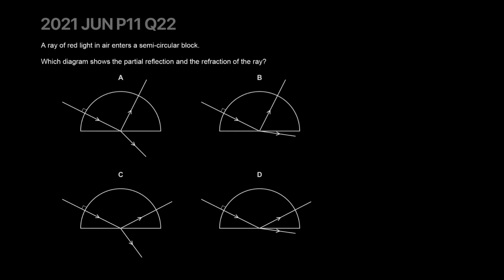If total internal reflection is any help, we know that light traveling in a denser medium and going out to a less dense medium will bend away from the normal.